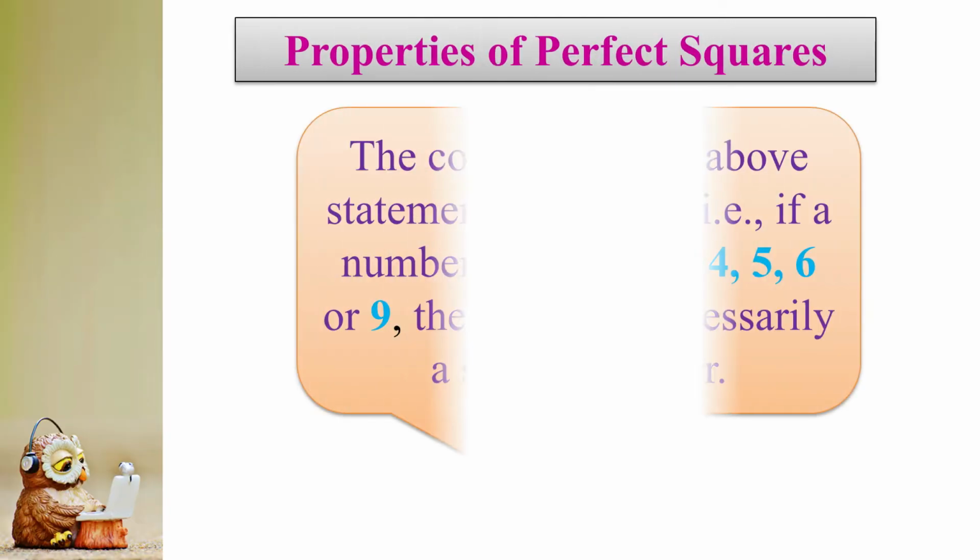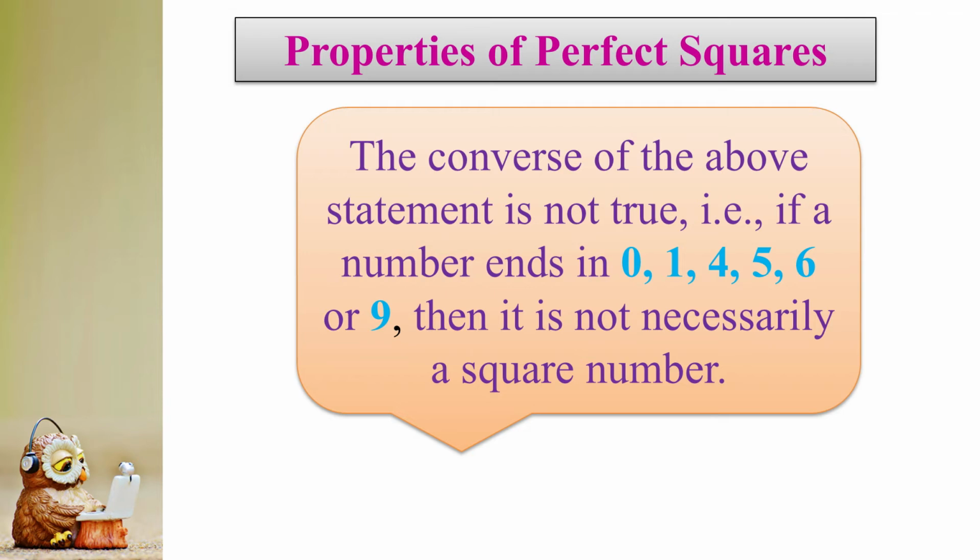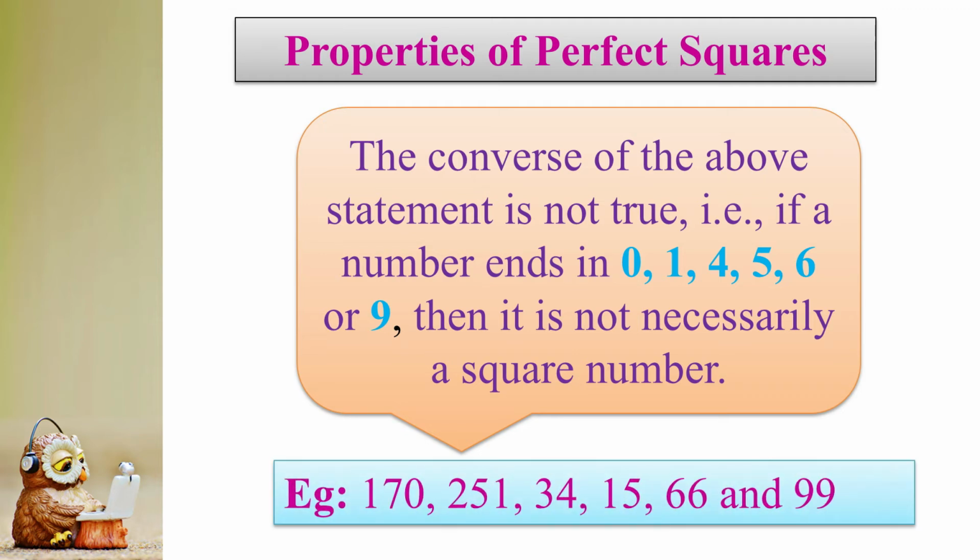The converse of the above statement is not true. That is, if a number ends in 0, 1, 4, 5, 6 or 9, then it is not necessarily a square number. For example, 170, 251, 34, 15, 66 and 99.